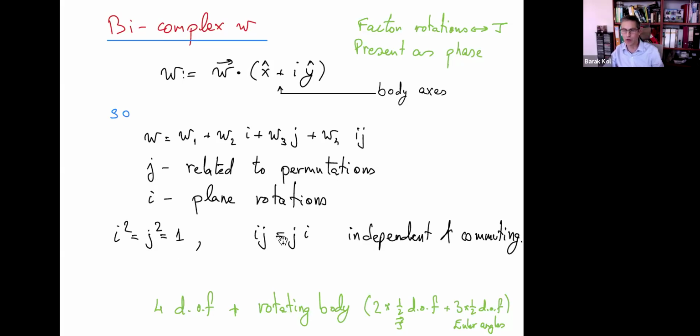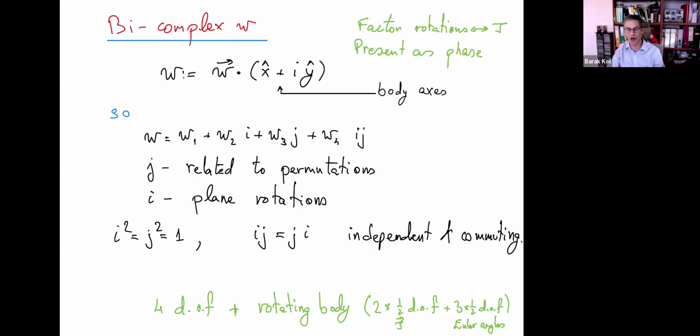So it may sound to you like I'm reinventing the quaternions, but the quaternions are anti-commuting, these are commuting, and these are also known. They're known as bicomplex. So unlike the quaternions, you cannot always divide by them, but you can always multiply and you can always add them. Okay, so now if we're in the plane, the system is described by a single bicomplex W, which is really 4 degrees of freedom.